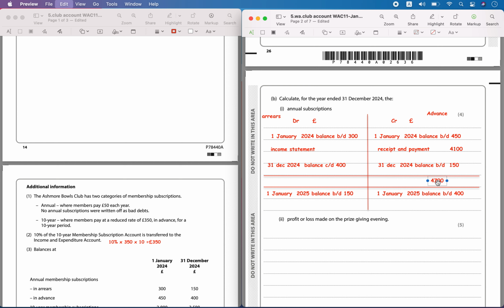So the total has to be the same on both sides, and then you subtract 700 from this. So the income statement should have an annual subscription value of only around 4000, not with the arrears and advances included. So the annual subscriptions for the year will be equal to £4000.